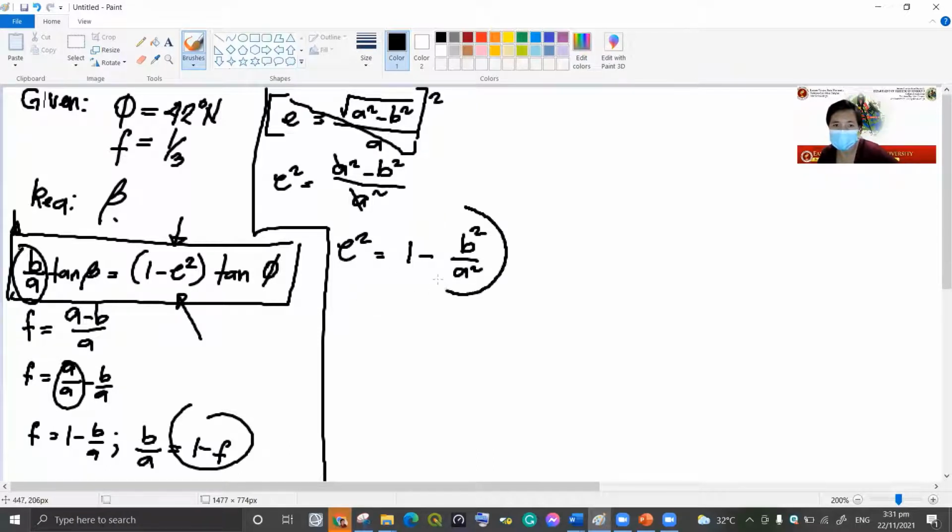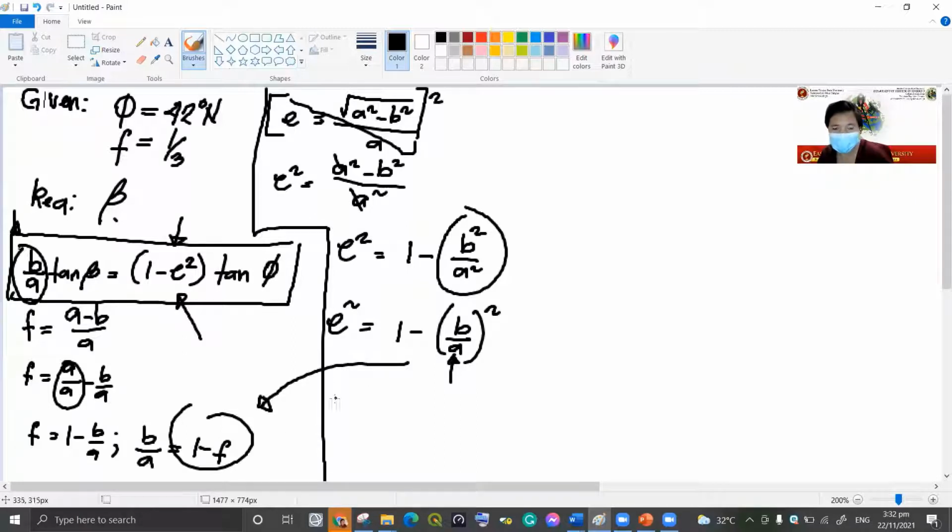What is b squared all over a squared? That is e squared is equal to 1 minus (b over a) squared, right? And what is b over a? B over a is equivalent to 1 minus f.